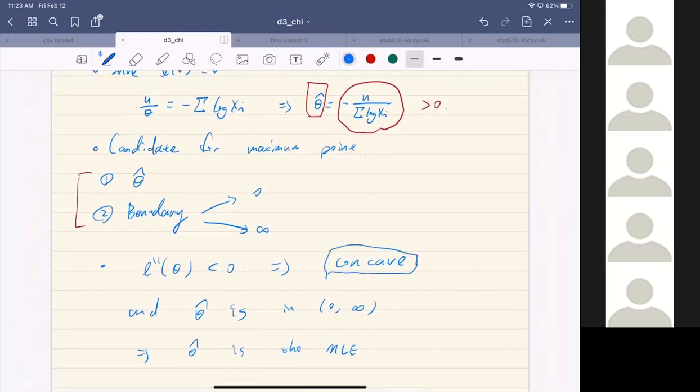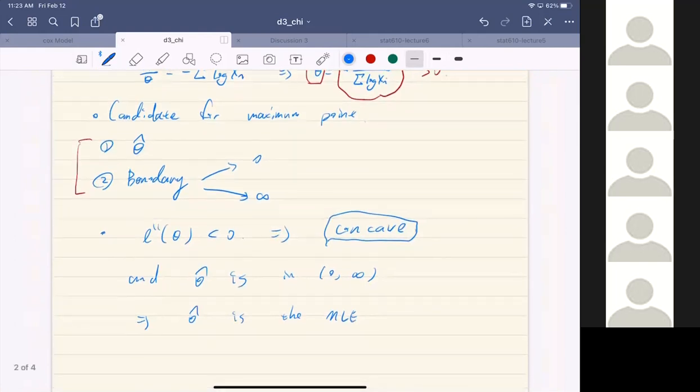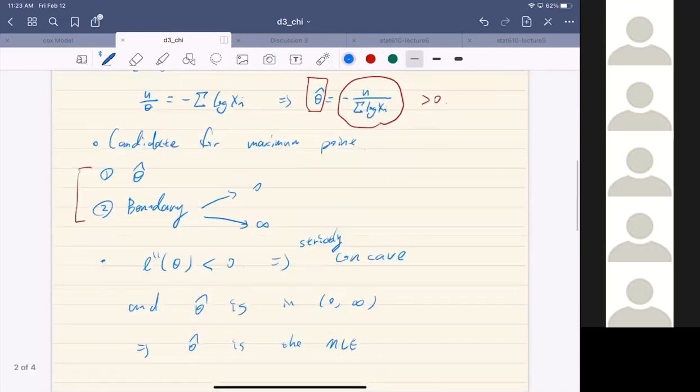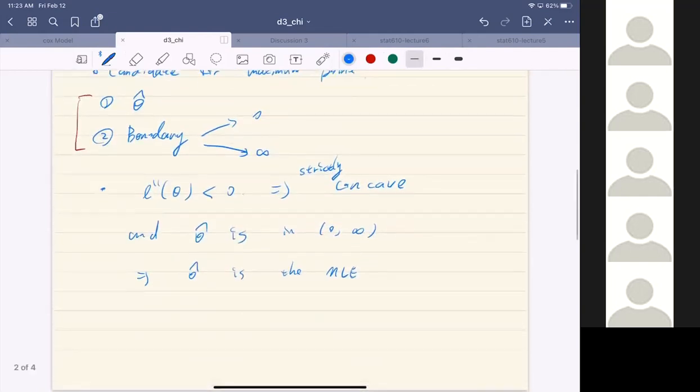Concave is not enough. It should be strictly concave. And it is strictly concave because the second derivative is strictly smaller than 0. Concave can be 0, but here it is strictly smaller than 0, so it's strictly concave.